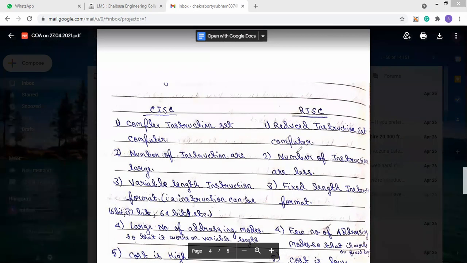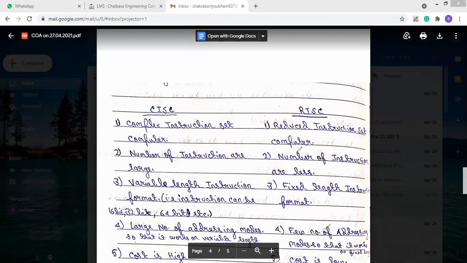Variable length instruction format means that the instructions used have no particular fixed format. The instructions can be of 16-bit, can be of 32-bit, can be of 64-bit. Means the length of the instruction format is variable. It can be changed. But in case of RISC, the length of the instruction format is fixed.